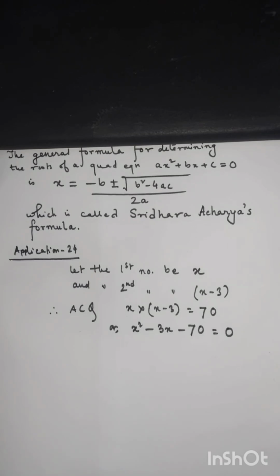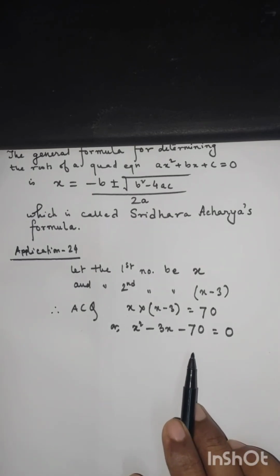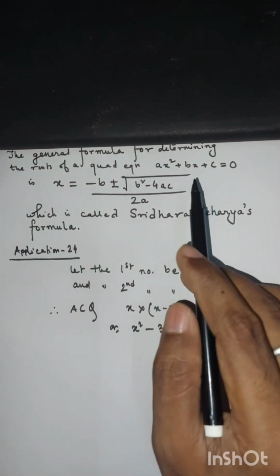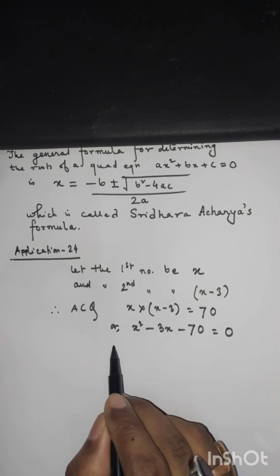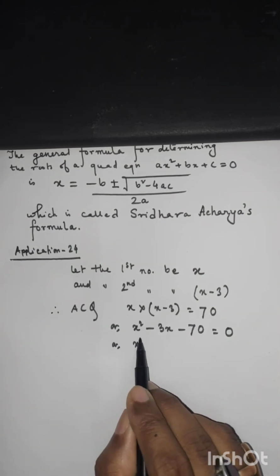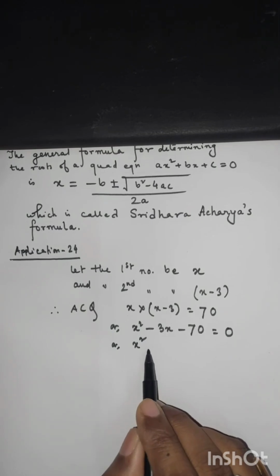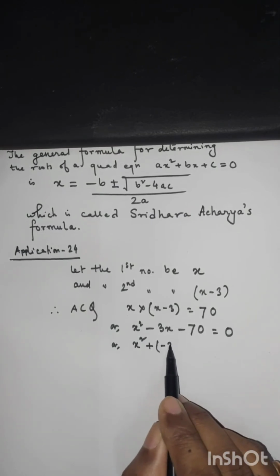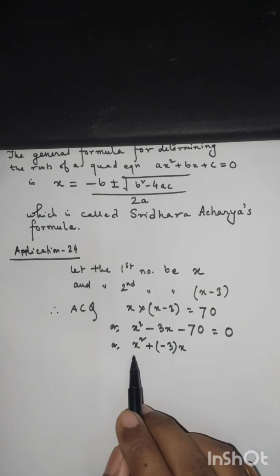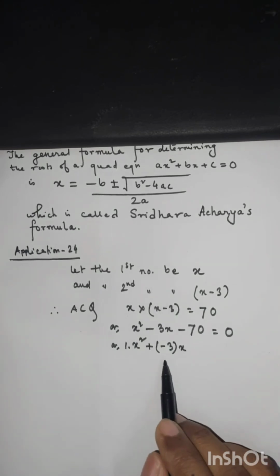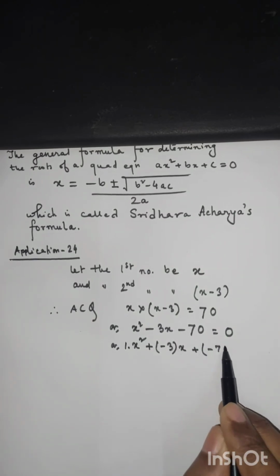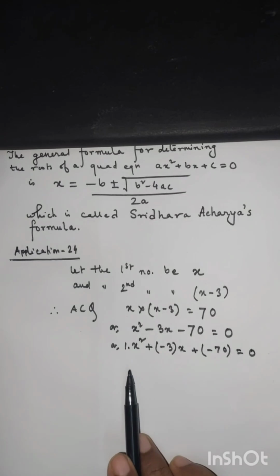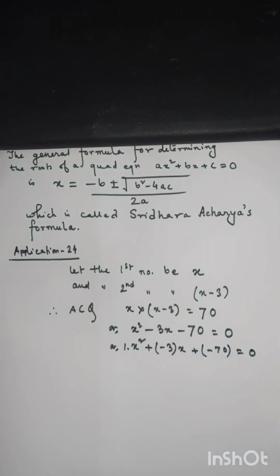Now we are going to solve this equation by ACHARYA'S formula. So we have to write it in this form: ax square plus bx plus c equal to 0. That means 1 into x square plus bx plus c equal to 0.